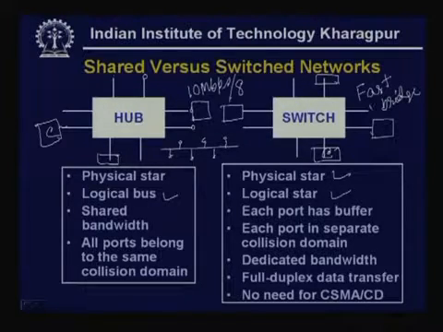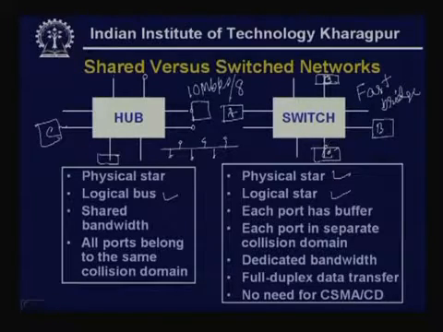Now, since it is a fast bridge, as we know, A can communicate with B and C can communicate with D simultaneously, because each port has a buffer and each port has a separate collision domain. That means the signal present here need not be present on all other ports.